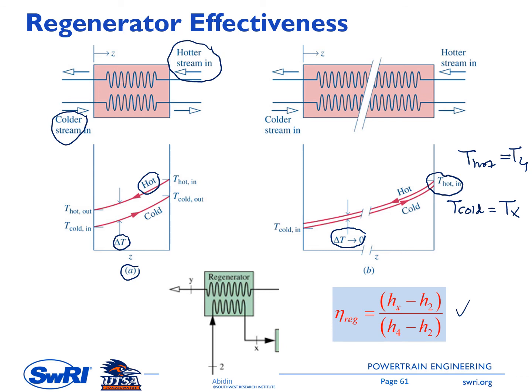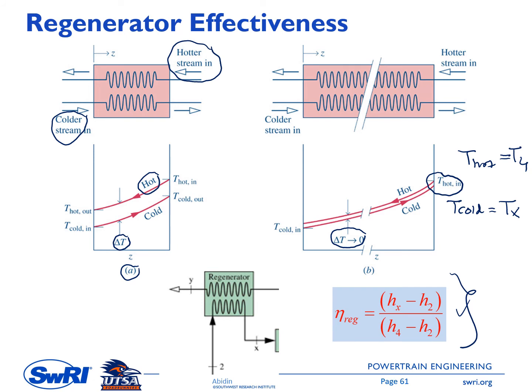So in the actual condition, the enthalpy at the exit of the cold stream is Hx. Okay. For the ideal condition, the enthalpy at the exit of the cold stream equals to the enthalpy at the state of 4, so H4, and this is the formula. And in typical regenerator, the effectiveness is between 60 to 80%.